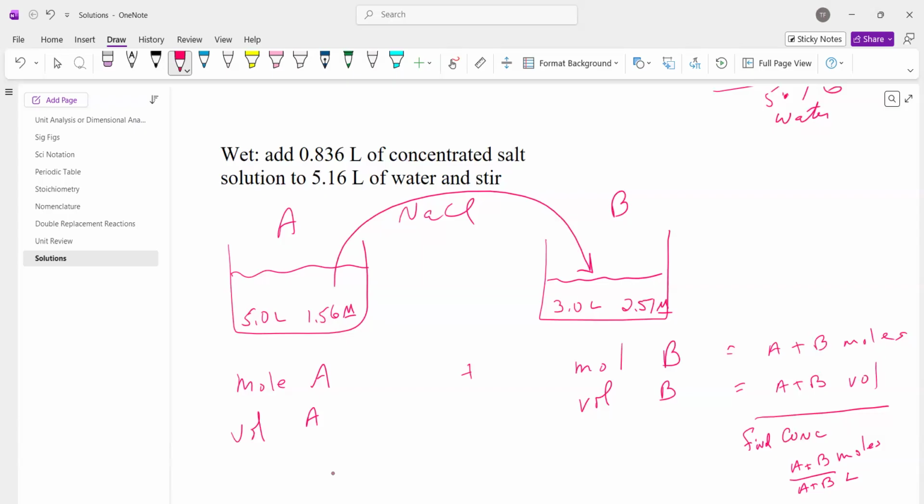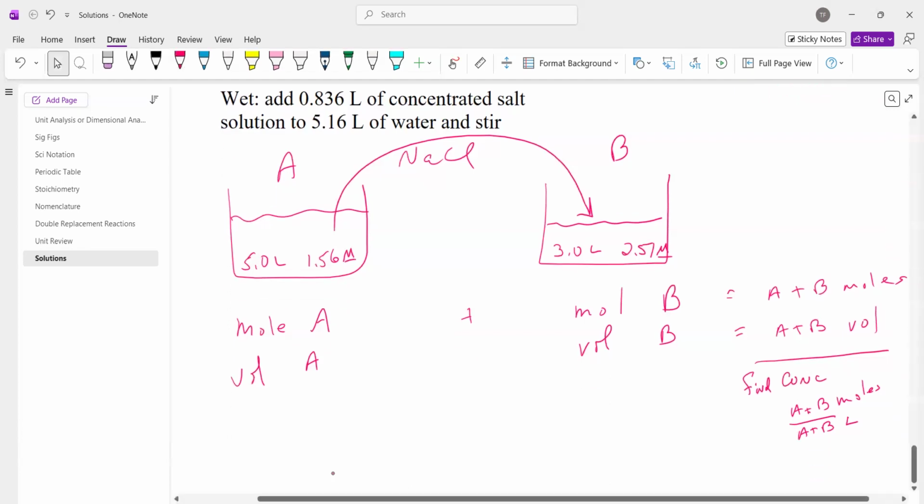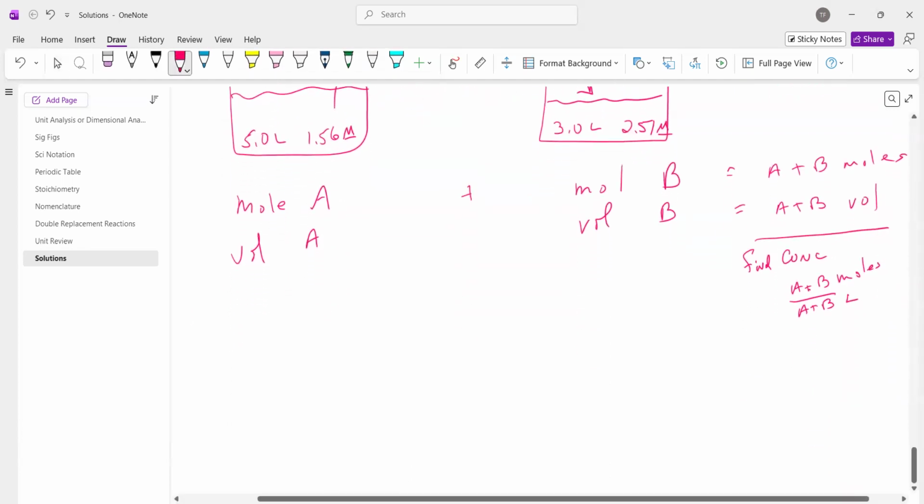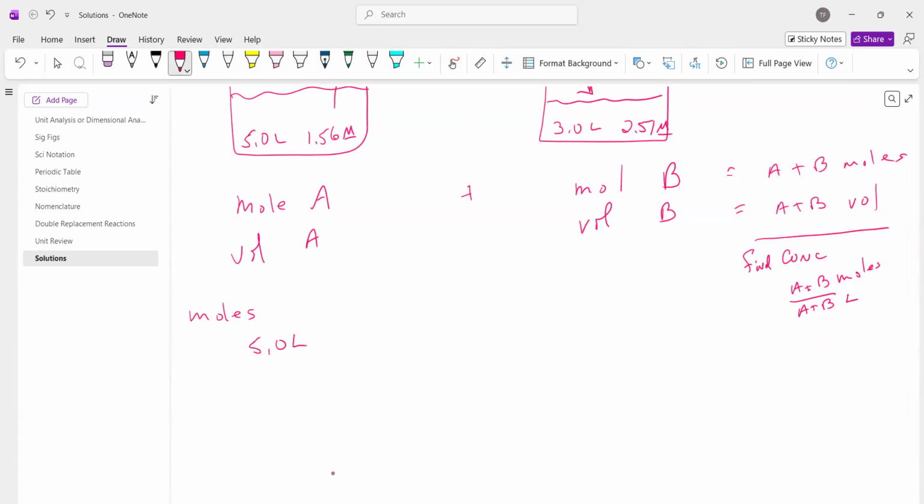And then we just do it. Okay, so. All right, so we're going to take 5.0 liters times concentration plus 3 liters times the concentration is 251.